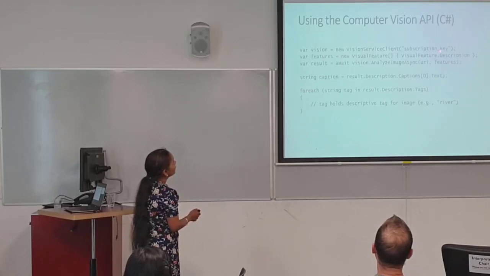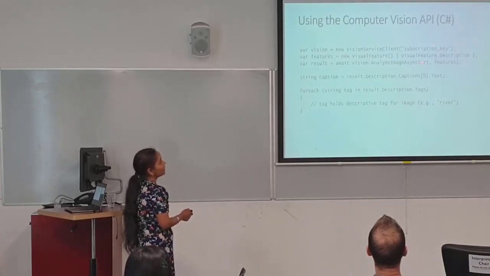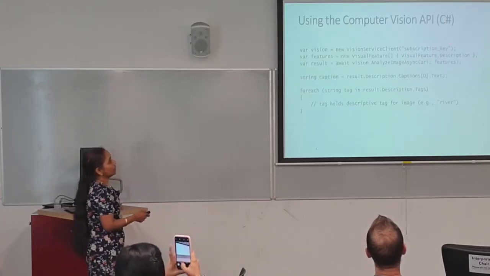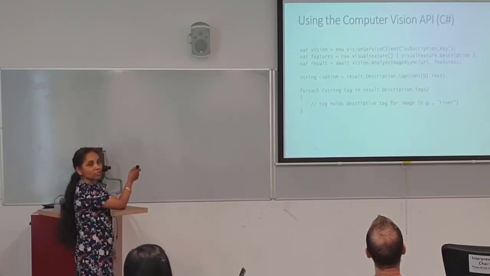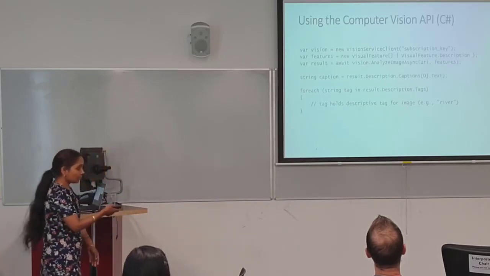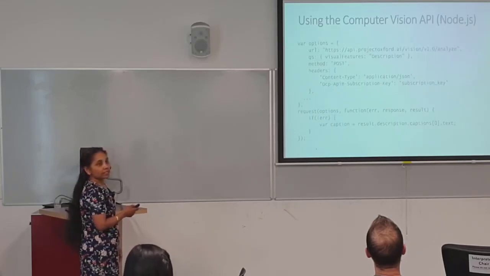See the subscription key here, and there is an endpoint which is the URI. You have to have those two, and if you give those two, then you can use this particular code, and it's not a big code, so you can use that, and then create your application. And there is another code base in node.js.